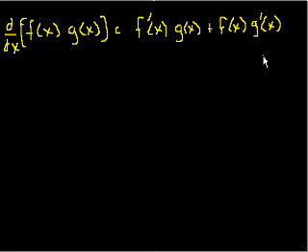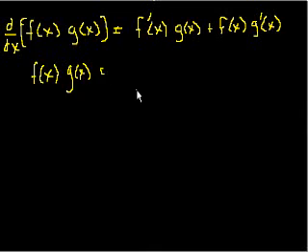Now, if we were to integrate both sides of this equation, because we're still doing algebra on some levels, anything you do to one side of the equation, you have to do to the other. So if you integrate this side, you're taking the integral of a derivative. You just get back to what you took the derivative of originally. So this just becomes f of x times g of x. And then we have to integrate the right-hand side.